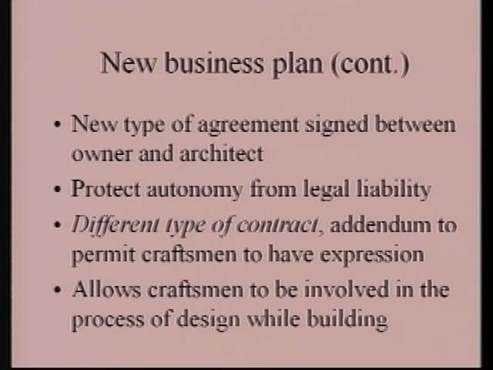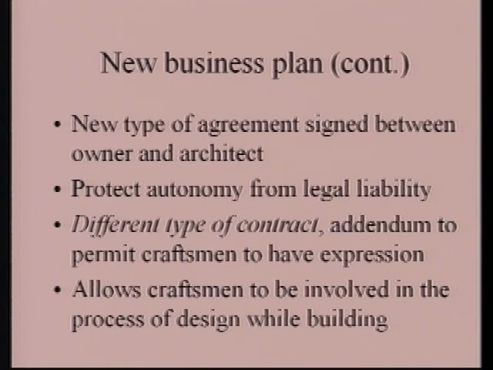We need a new type of agreement that will be signed between the owner and the architect. That's to protect autonomy in design from legal liability. We need a different type of contract. But even in the United States, a highly regulated country, that's very simple to do. We just get an American Institute of Architects addendum, officially approved, and whoever wants to use the addendum will add it to their contract.